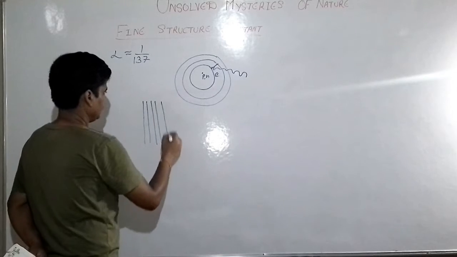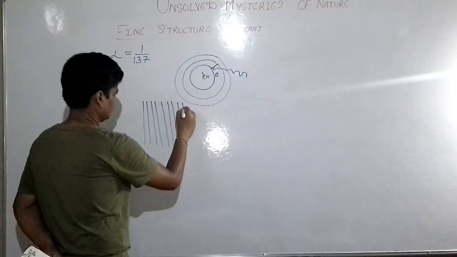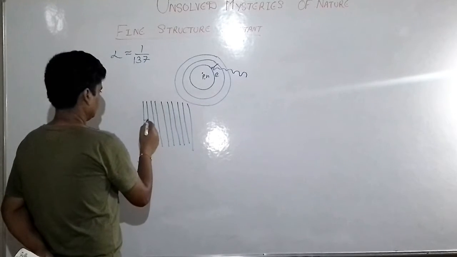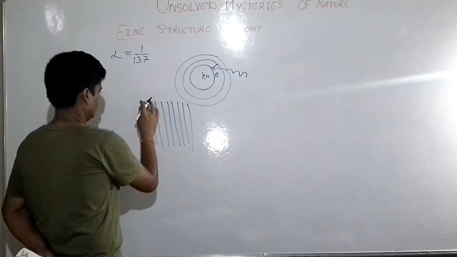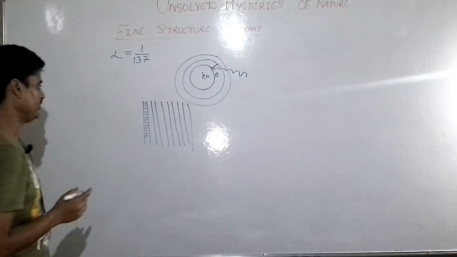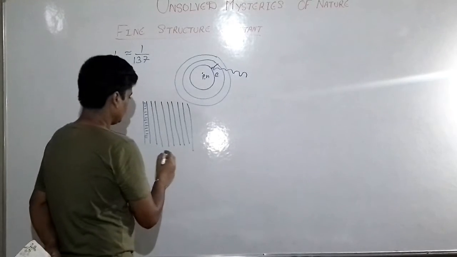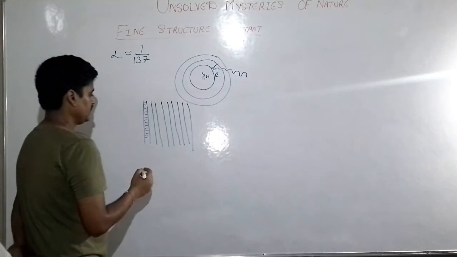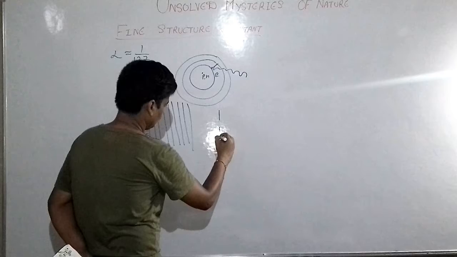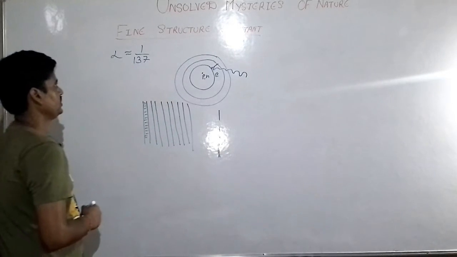Fine lines separated by dark regions, the absence of any line. If we concentrate on one line, you can see that this one line is made up of two smaller fine lines, and this is called the fine structure.